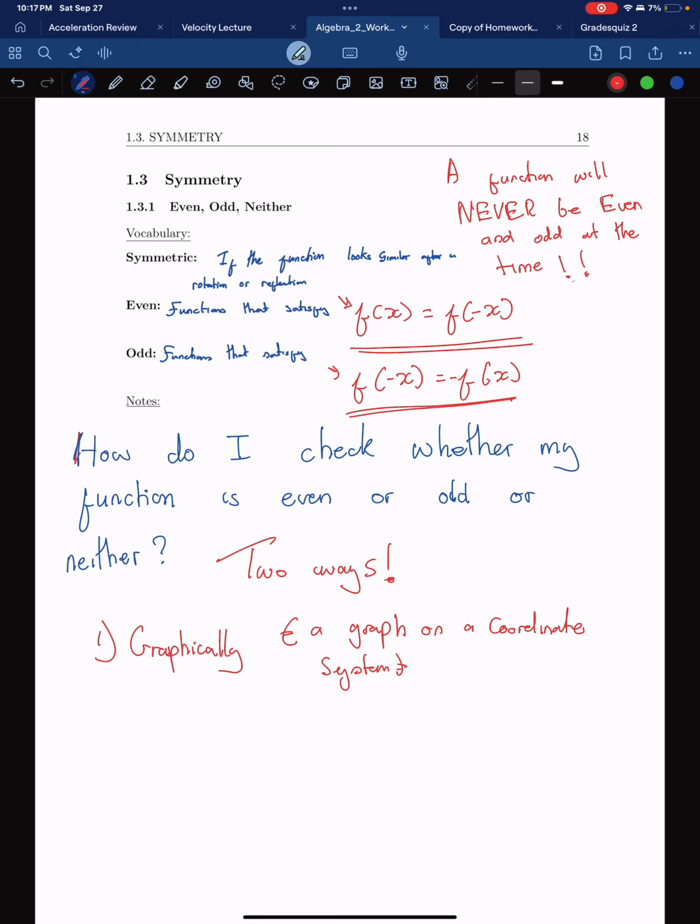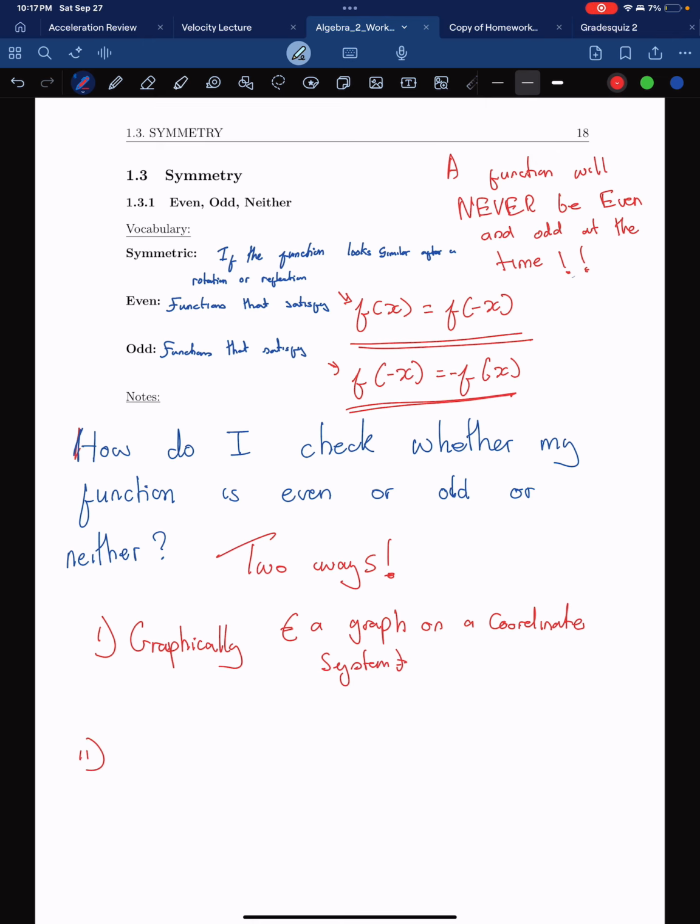All right? And then we can also check the symmetry of a function. If we don't have the graph, we can check it analytically. This is a word you guys are probably encountering for the first time, or maybe you already encountered it, I don't know.